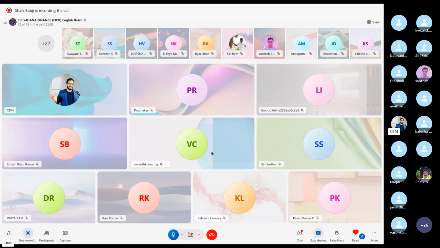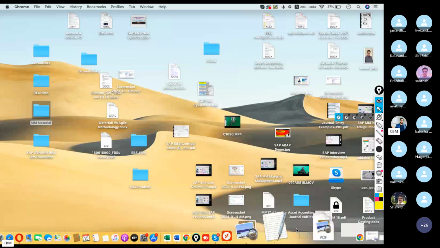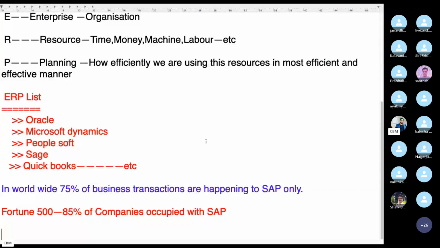Even Google has laid off so many people, but SAP is still in profit mode. So now you understand that this is one of the biggest software and those companies prefer it. They have a huge volume of data, their business is spread across the entire world, and they have so many company codes. Then this software will be picked automatically, no doubt at all.